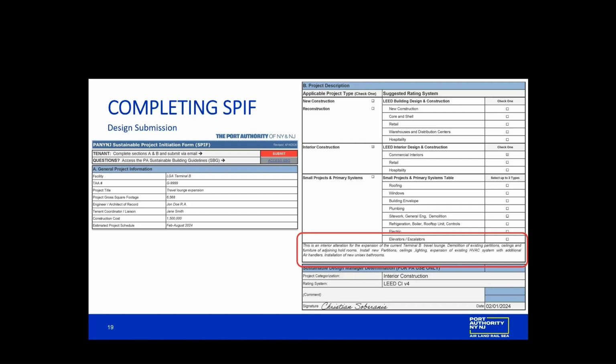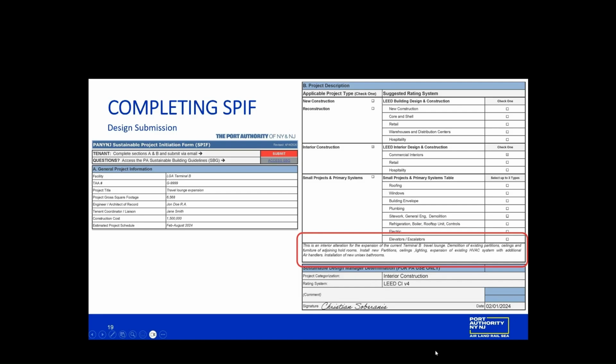And then at the bottom, circled in red, is the very important scope description box. This is a typical description that we would like to see. For example, it would state something like, this is an interior alteration for the expansion of the current Terminal B travel lounge, demolition of existing partitions, ceilings, and furniture of adjoining hold rooms, installation of new partition ceilings, lighting, expansion of existing HVAC system, additional air handlers, installation of new unisex bathrooms.